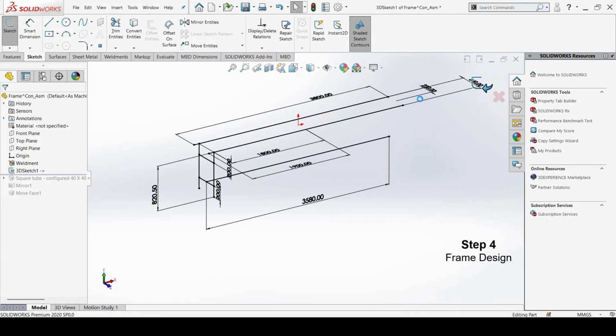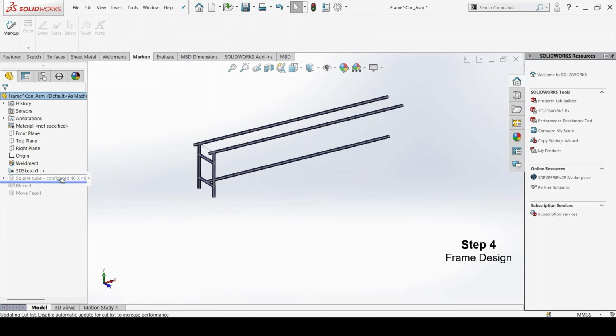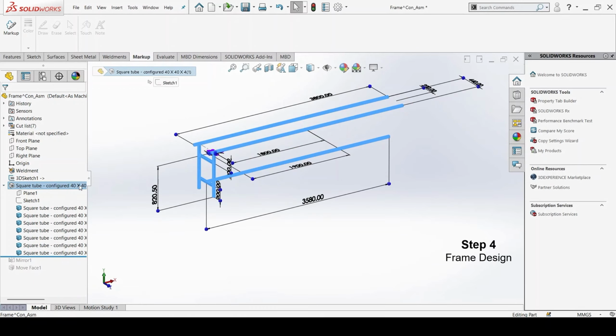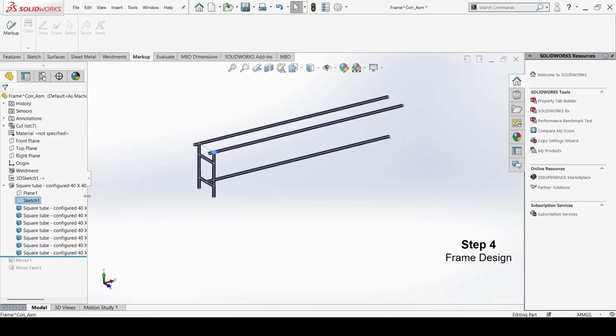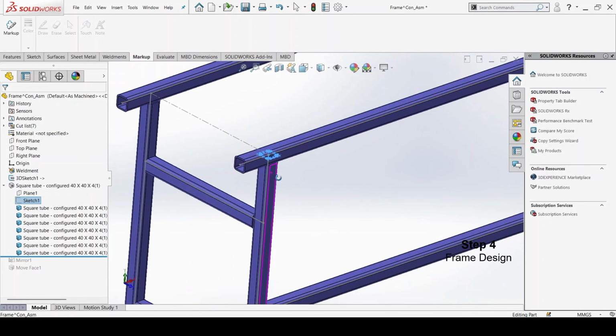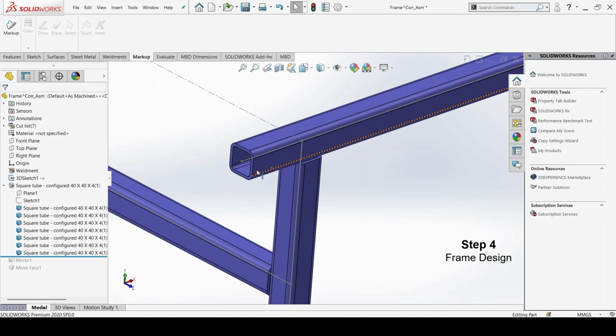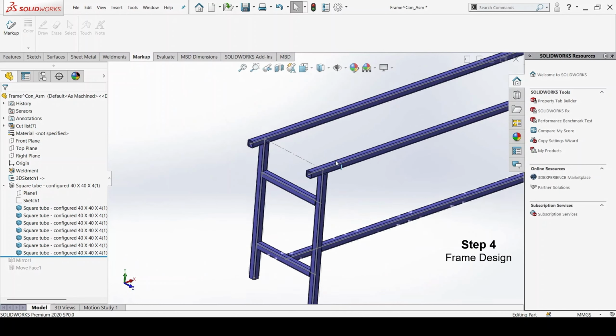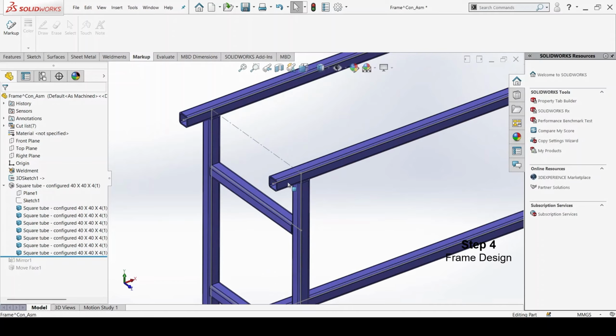So next, proceeding to the actual weldment shape. Here I have chosen the 40 by 40 by 4 mm as my structural member profile. It is a square tube of outer size 40 by 40 and thickness of 4 mm, and I have placed the members on my 3D sketch.